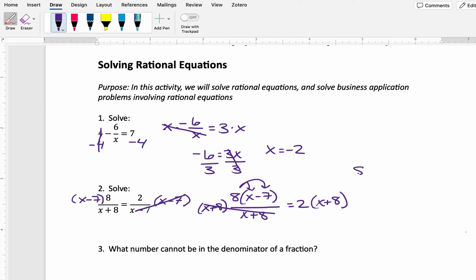That gives me 8x minus 56 equals 2x plus 16. I'll subtract 2x from both sides.